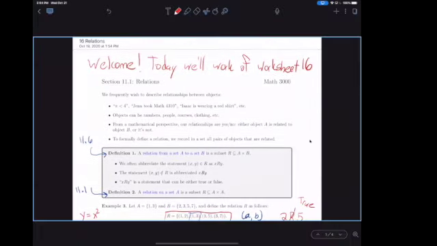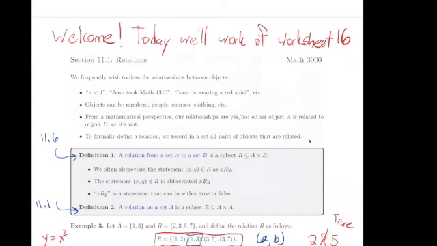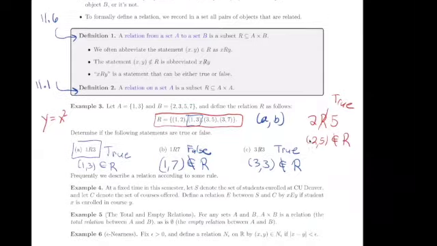Okay, so let's pick up from the reading quiz that you guys took, just to see if there were any questions on that. We were talking about relations last time, either a relation defined on one set or a relation defined from one set to another.